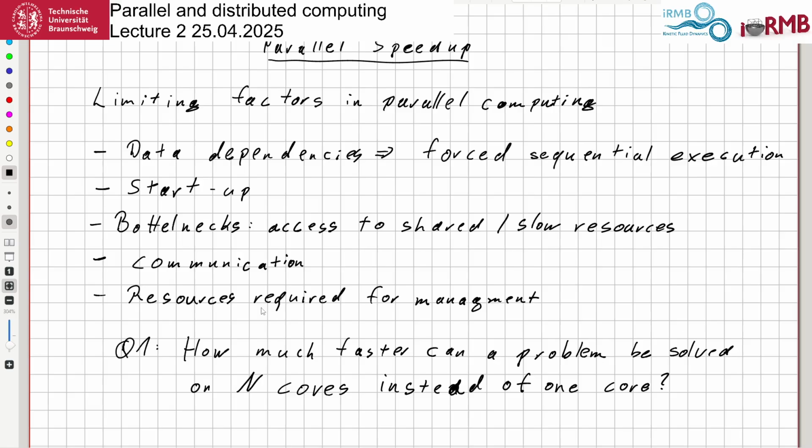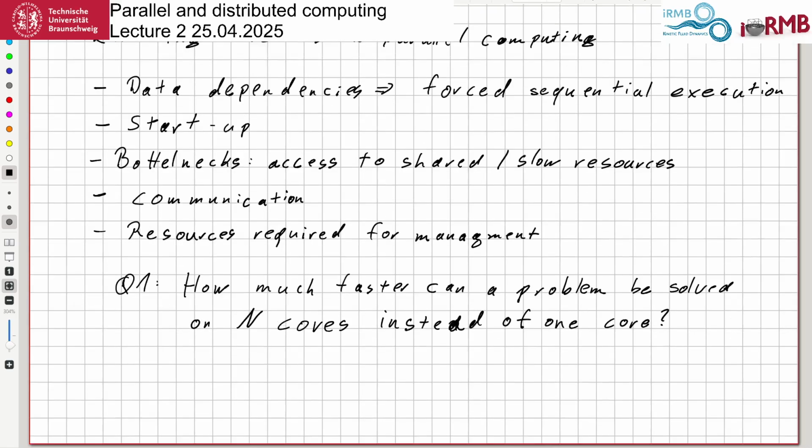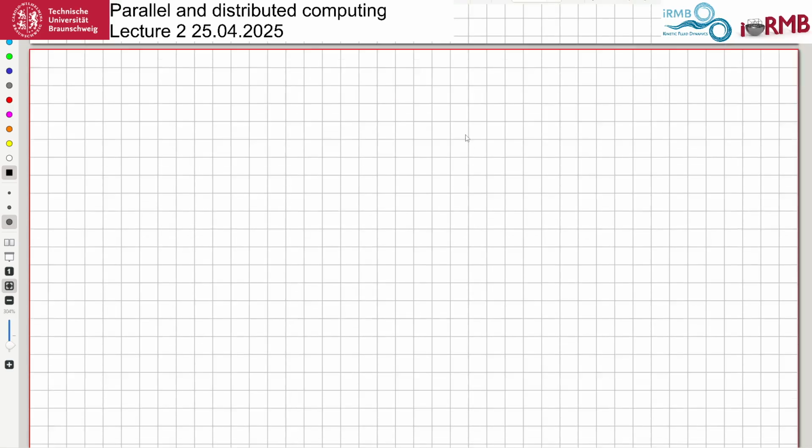The problem I was just addressing is that the amount of work that we do stays the same. We have a fixed amount of work and now we can attach more workers to it. And this is what we call strong scaling.